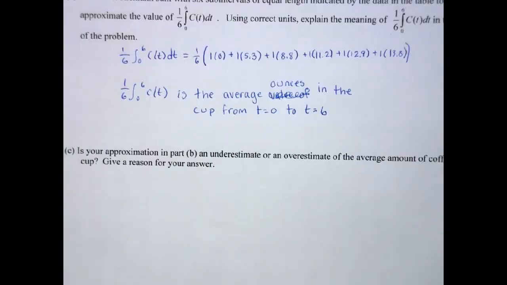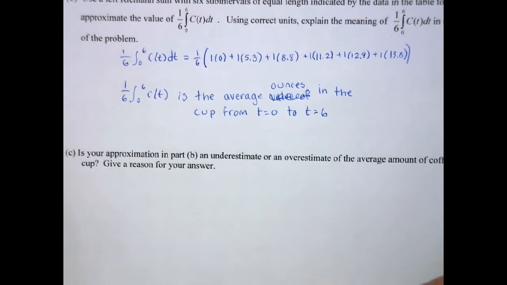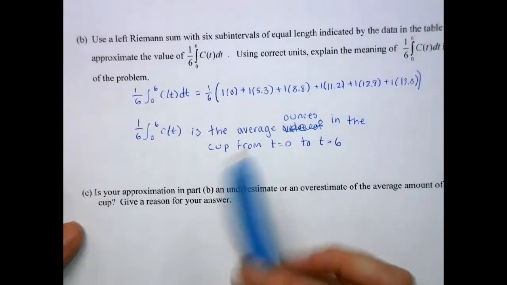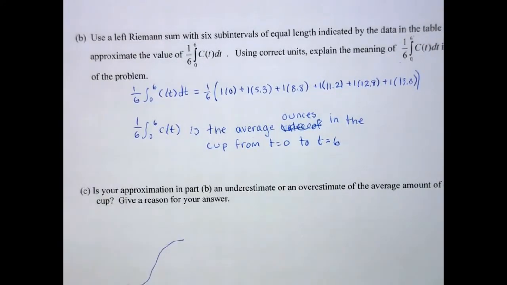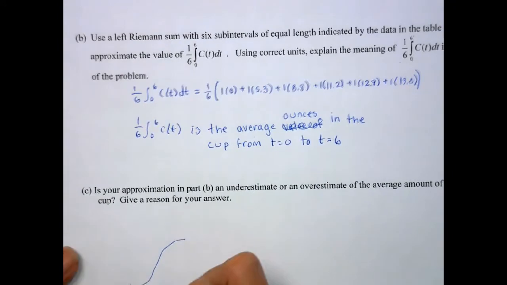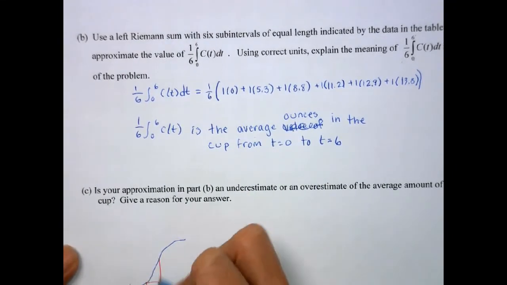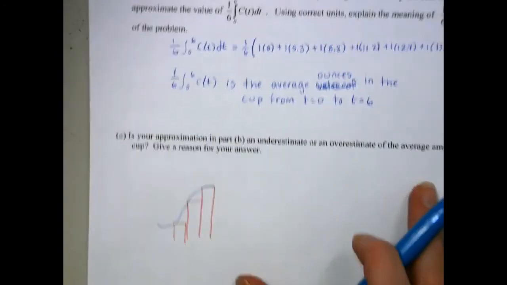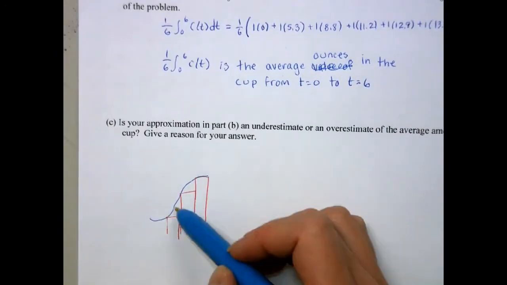All right, is our estimate an underestimate or an overestimate of the average amount of coffee in the cup? Well, that kind of gives you a little hint for the answer to this one. Give a reason. Well, this function is increasing. If we have an increasing function and we're doing a left Riemann sum, meaning our endpoints are on the left side, if it's increasing, then there's area left over.